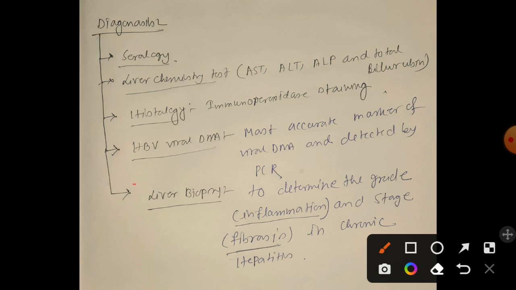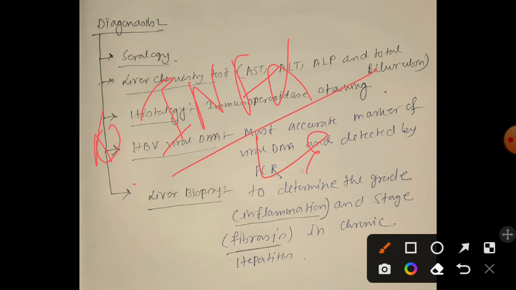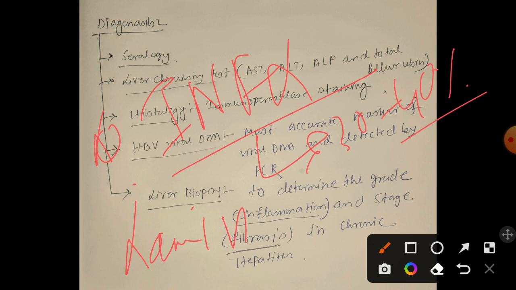The treatment is interferon alpha, that is IFN alpha, with a response rate of 30 to 40 percent. Lamivudine, very important, Epivir HBV, and adefovir dipivoxil, which is quite difficult to remember.